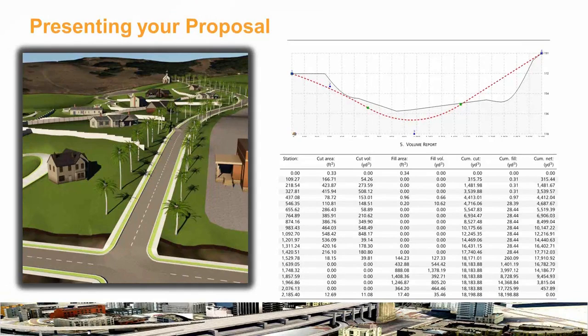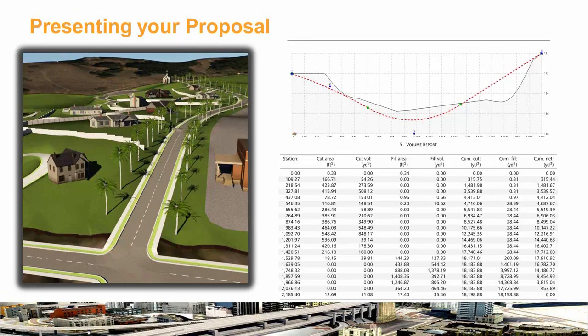You can also see the slide here on the left-hand side is an output rendering you can do. So if you decide, hey, this is what we're looking to propose, now you have something more appealing that you can take to your stakeholders, take to your clients, or public hearings, as opposed to just a set of engineering plans that often can't be read by people that don't really understand them.